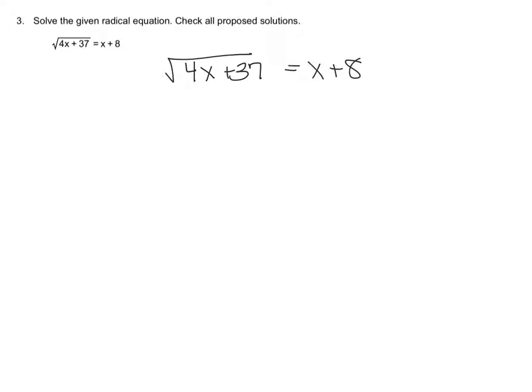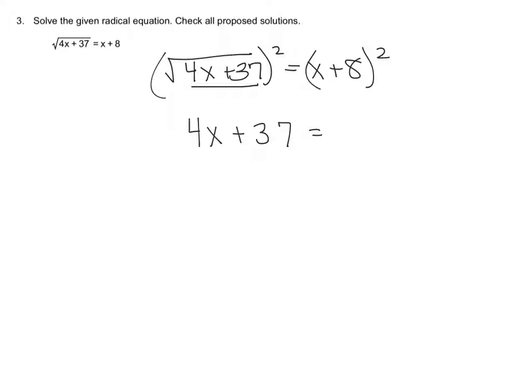When we have a radical on one side of the equation, we can square both sides to get rid of the radical. When we square the left side, we're left with the expression underneath the square root bar. So this becomes 4x plus 37 equals (x plus 8) squared.